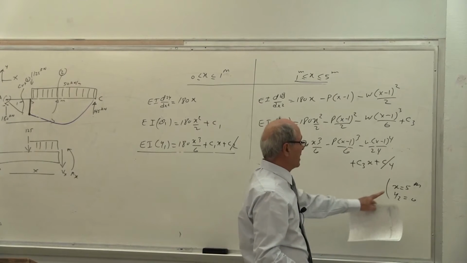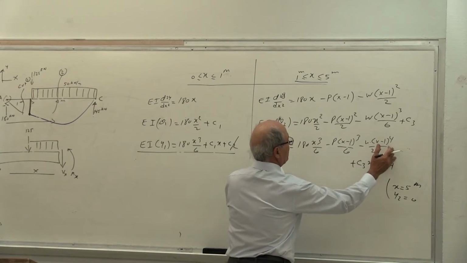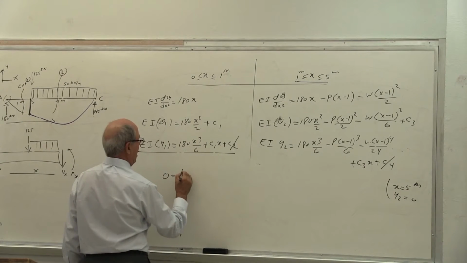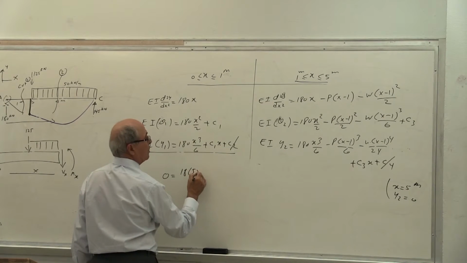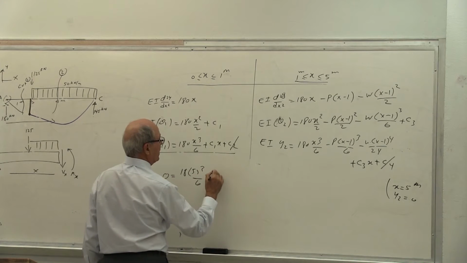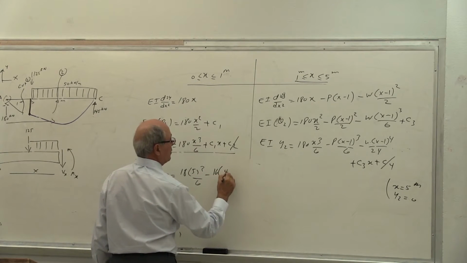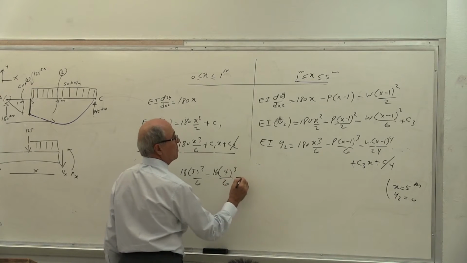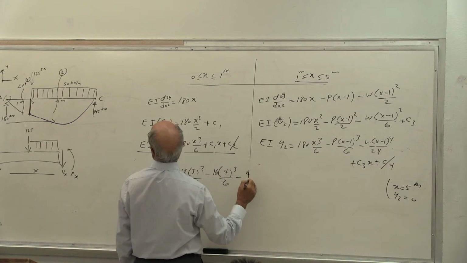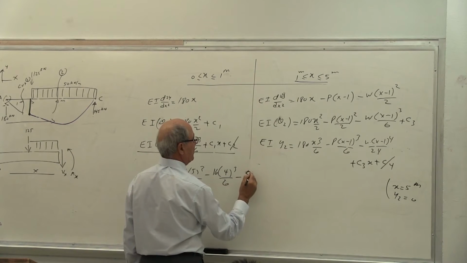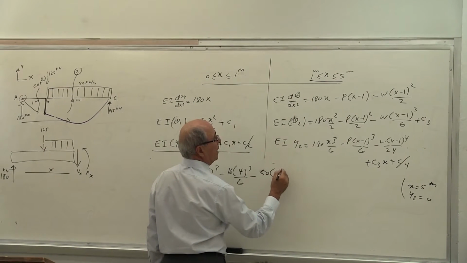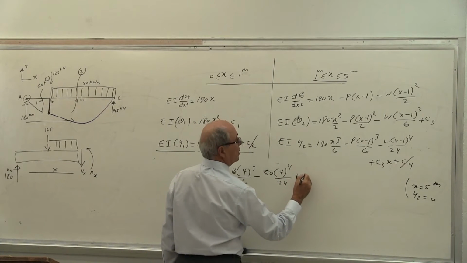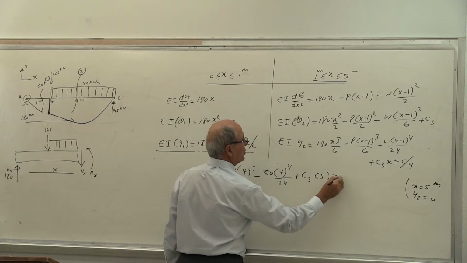Yes? So at x equal to 5, y2. Now, this is y2. So y2 becomes 0 equal to 185 to the power of 3 over 6 minus P, which was 16, times 4 to the power 3 over 6, minus W, which was 4, I believe, or 50, I'm sorry, minus 50 times 4 to the power of 4 divided by 24, plus C3 times 5 equal to 0.